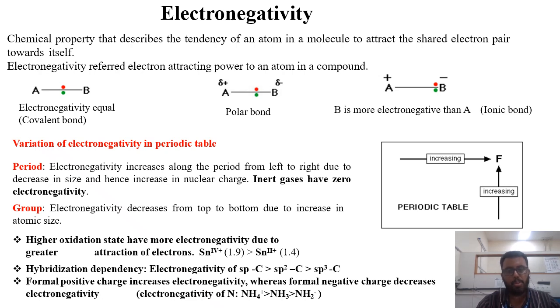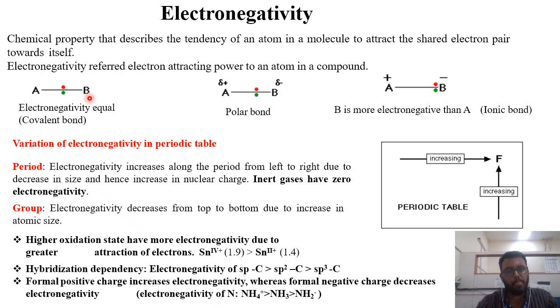Now let's move on to the third important periodic property, which is electronegativity. As you know, this chemical property describes the tendency of an atom in a molecule to attract the shared electron pair towards itself. If you have a bond, one of the atoms will have a tendency to attract the bonding electron pair towards itself, which means it has higher electronegativity.